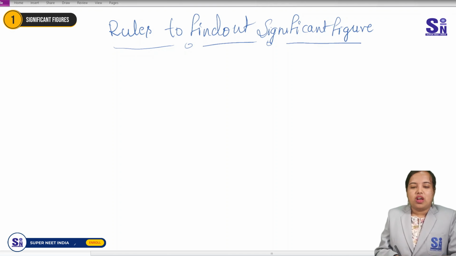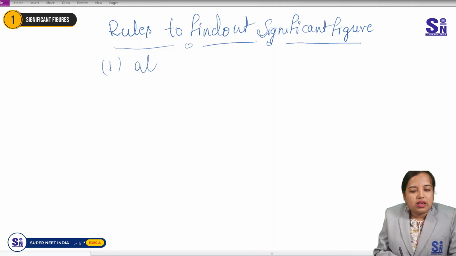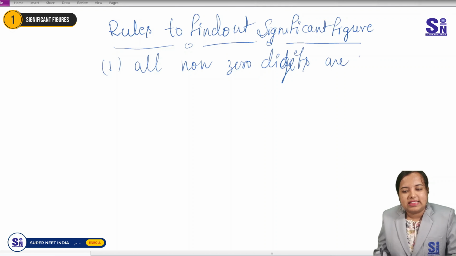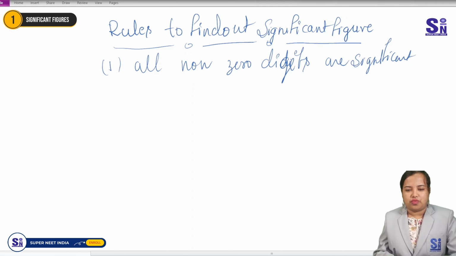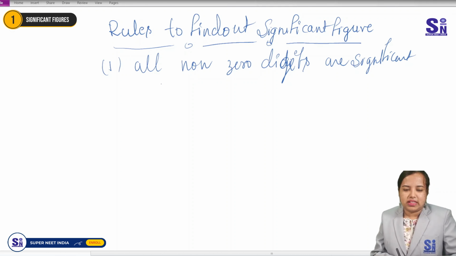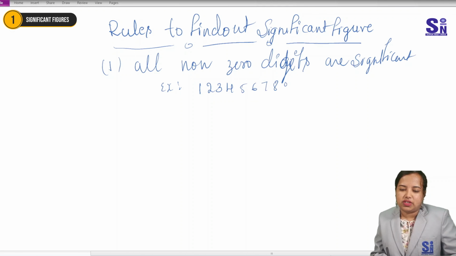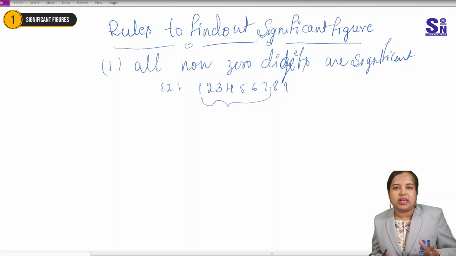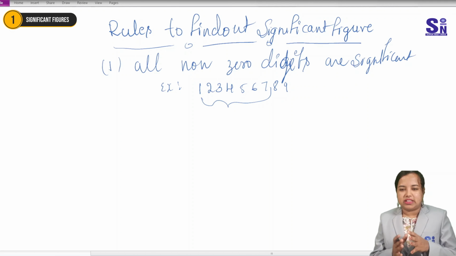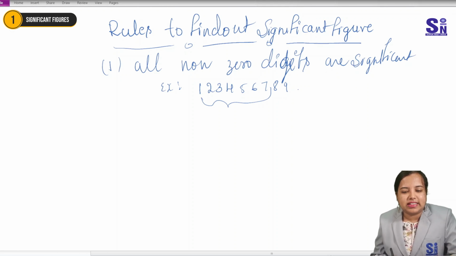Okay, so the first rule is: all non-zero digits are significant. Whenever you see, for example, 1, 2, 3, 4, 5, 6, 7, 8, 9, if you find any of these numbers from 1 to 9 in your problem, we will consider it a significant figure.